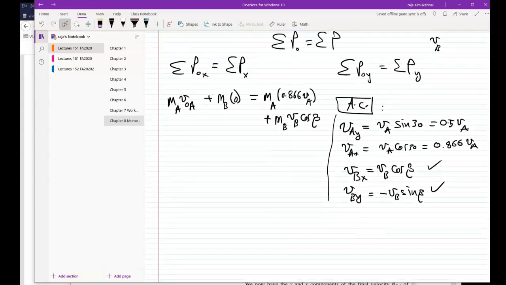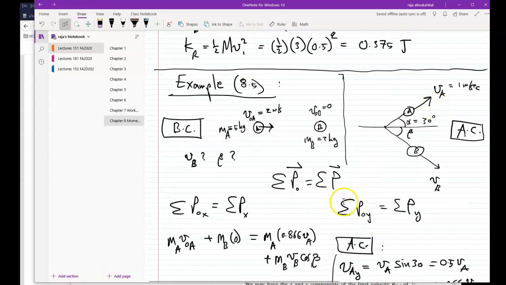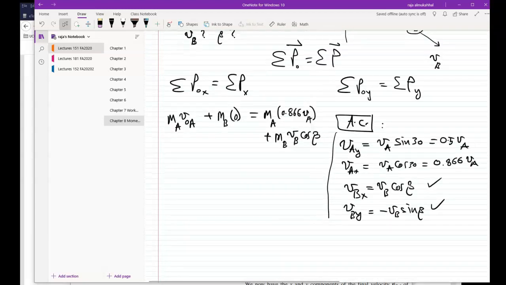Let me do the Vy then here. So I got that. Now let's do the Vy. This is the easy part, the left hand. Are there any y components before collision? The answer is no. So this whole thing is 0. Zero.